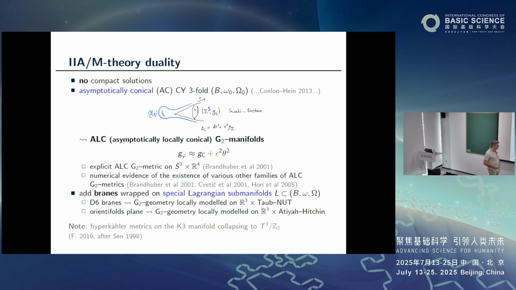One starts with a Gibbons-Hawking ansatz on T3, which is Z2 invariant, giving some S1-invariant hyperkähler metric, with some D6 branes and orientifolds. Then near the orientifolds, one needs to glue in copies of the ALC manifold, and then prove that nearby this approximate hyperkähler metric there is an actual Ricci-flat metric.